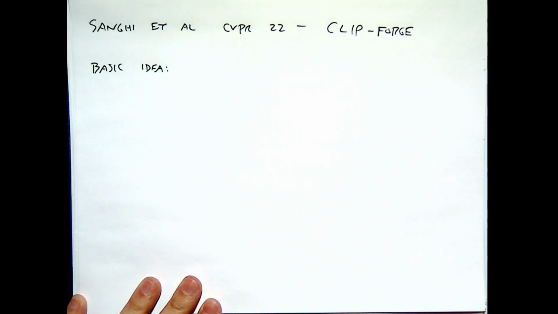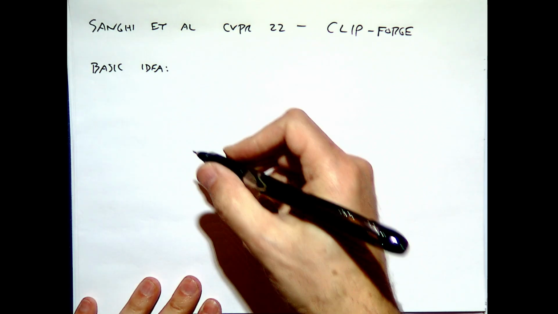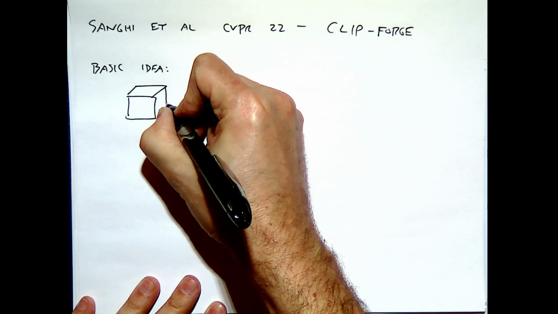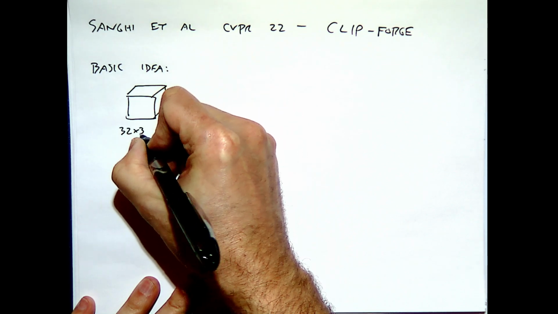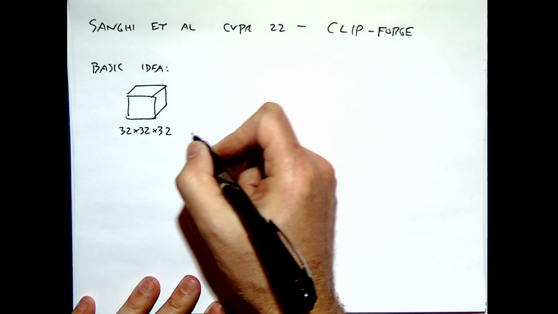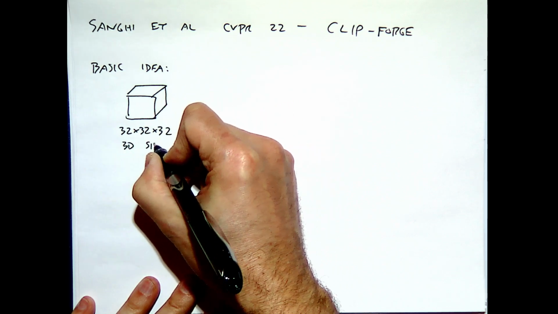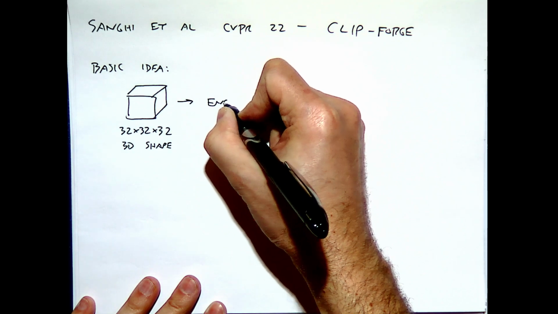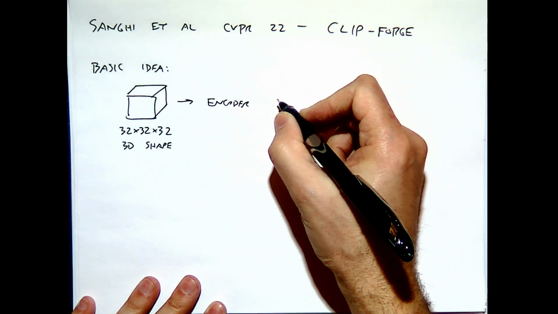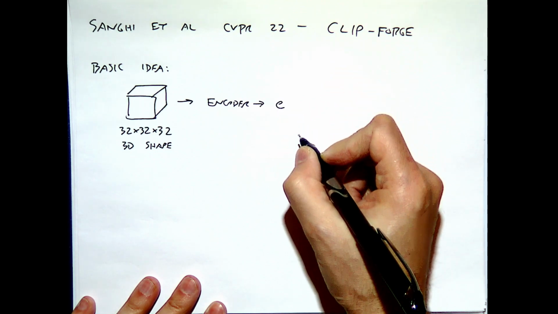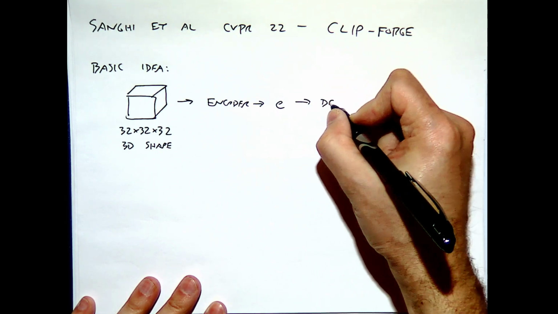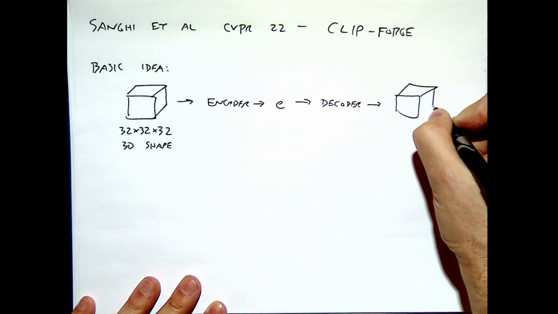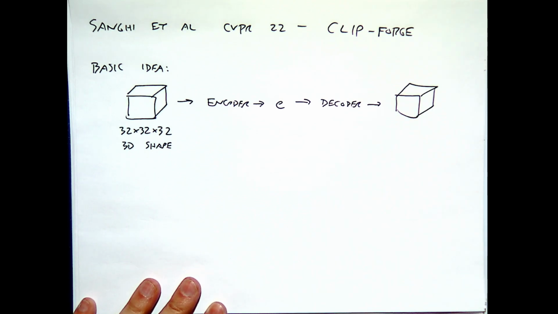So the basic idea is that you have an autoencoder for the voxel part. So let's suppose I have a 32 by 32 by 32 3D shape. I learn via a VAE some sort of embedding, and then I also have a paired decoder that comes back to the voxel grid, right?